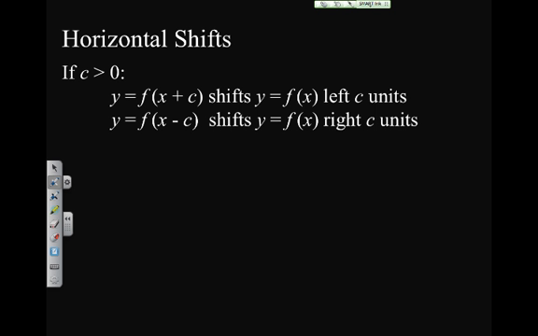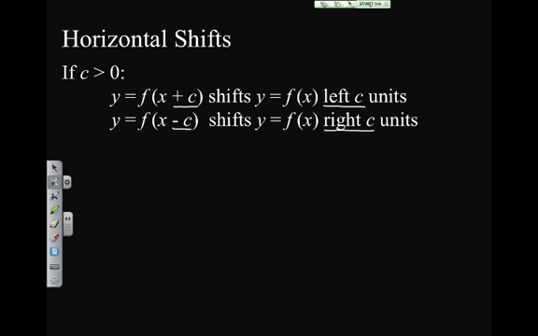So if c is positive, adding c to x is going to actually move us to the left c units. When you affect x, this actually works backwards of what you would think. So when we have x minus c, that's going to move you to the right c units. We're just going to take that parent function and move it to the left or right that distance.